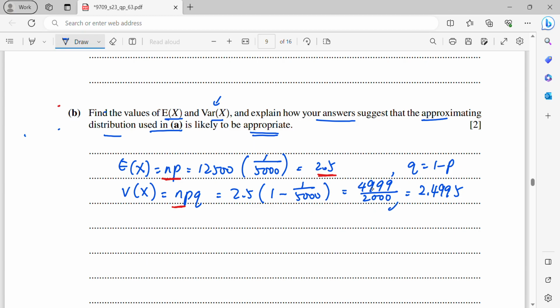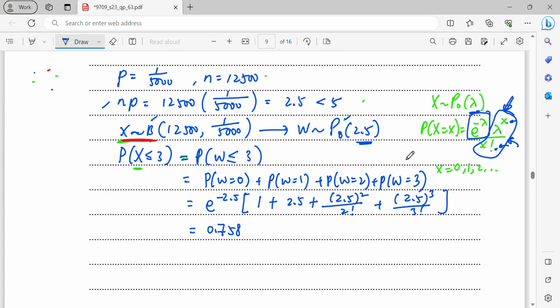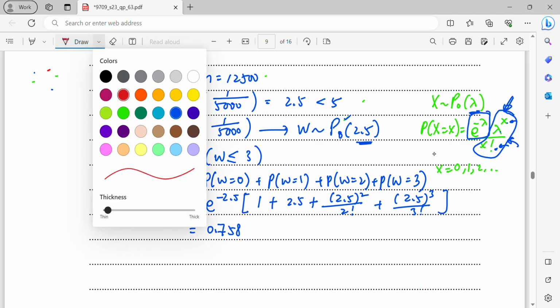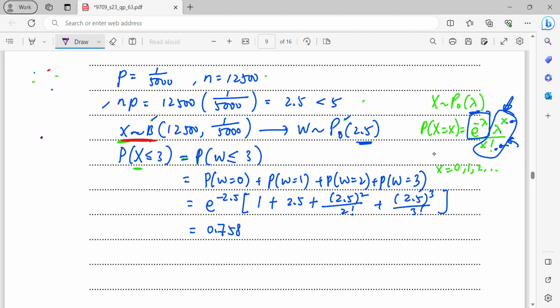And then now you need to explain how these two answers suggest the approximating distribution in A is likely to be appropriate. Now look at A. For the approximating, we have approximated the binomial, or I would say it is Poisson approximation to binomial. So my Poisson lambda is 2.5. This 2.5 is basically the mean and the variance for the Poisson distribution.